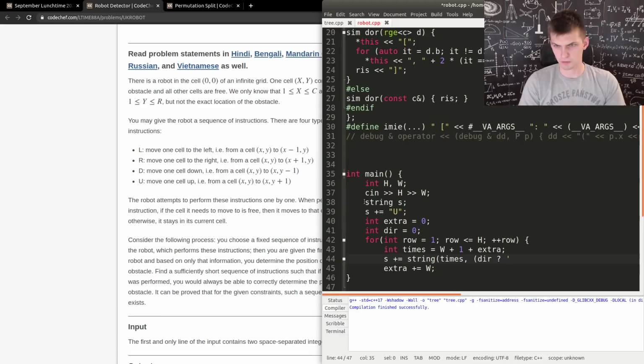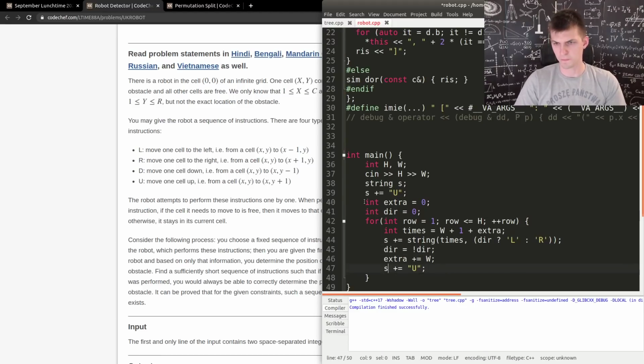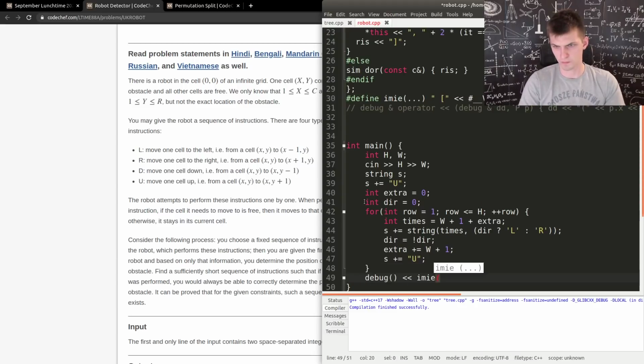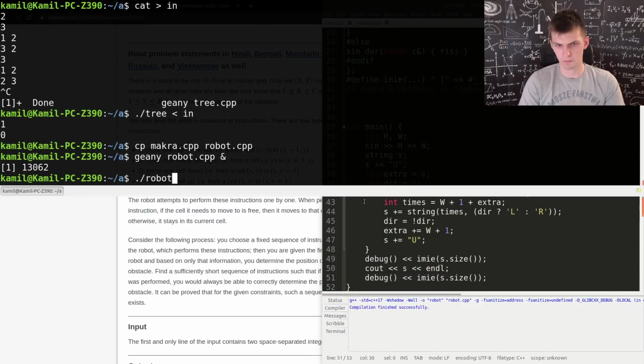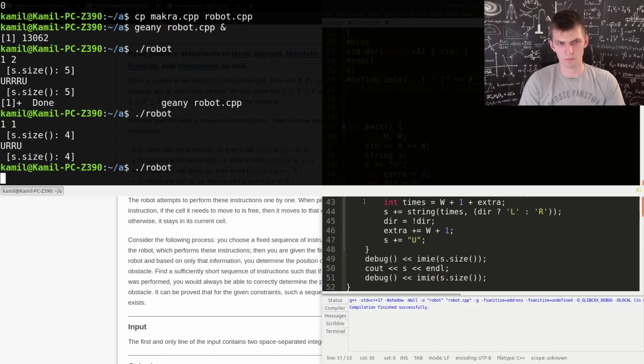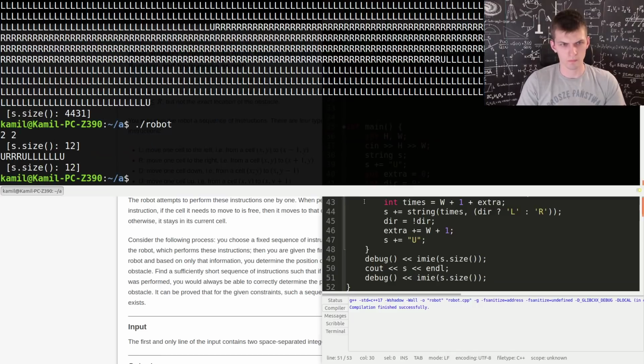If direction, then to the left, otherwise to the right. Wait.